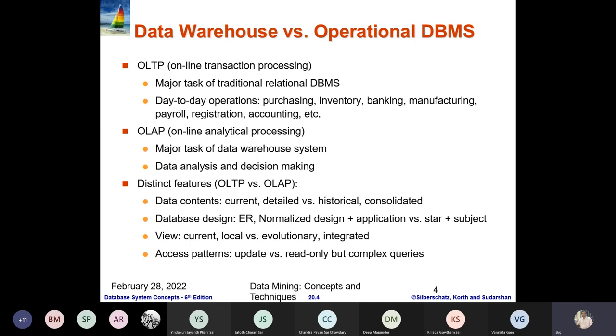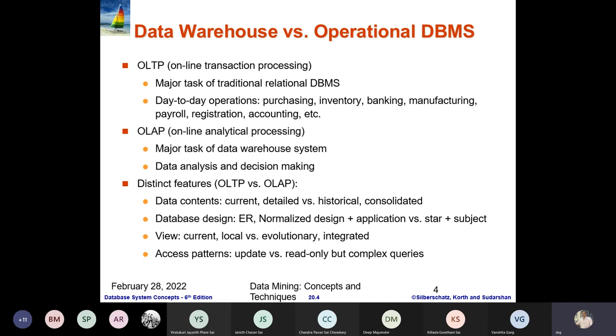There are definitely some distinctions, though they go hand in hand, right? So one is data content wise, so current, detail versus historical, consolidation of the data, and so forth. So these are some of the things we see when we look at the difference between them. Database design, where we have more of an ER based, entity relationship, normalized design.